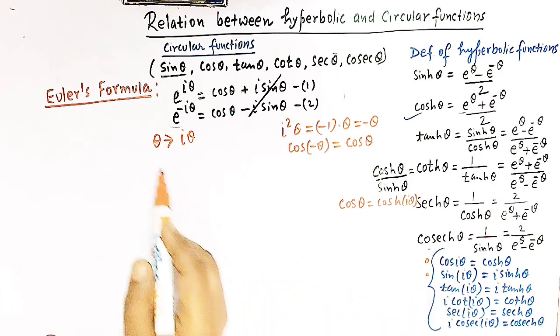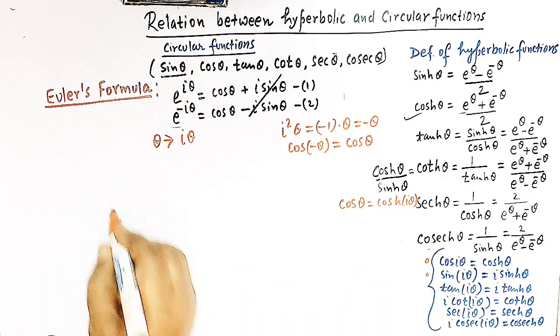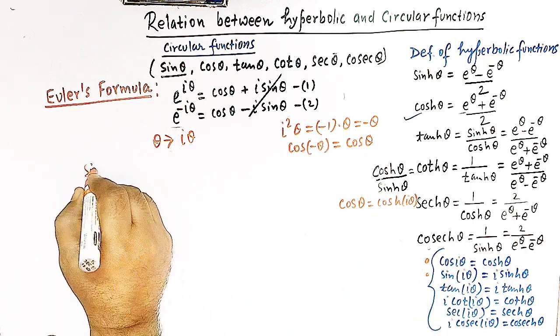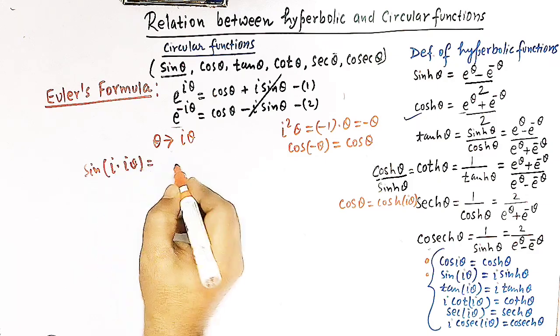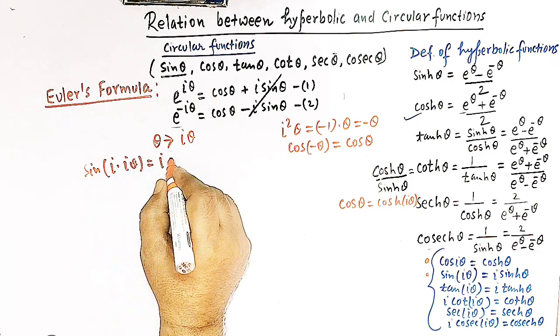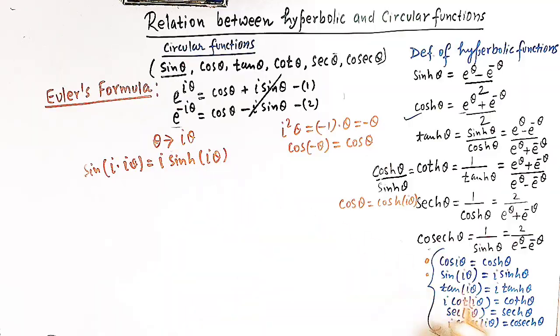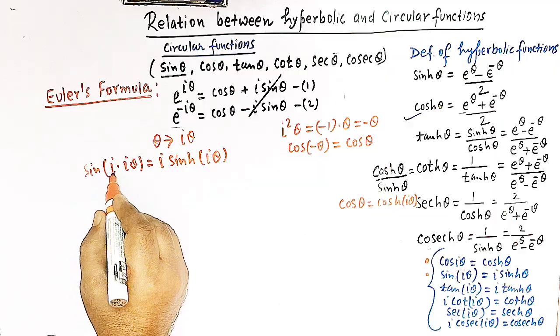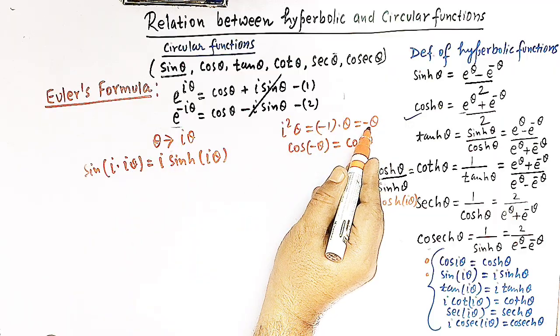So now let us replace theta by iota theta in the second relation. So we have sin(i·iθ) = i sinh(iθ). Replacing this theta by iθ, this is i²θ, and i²θ is minus theta.